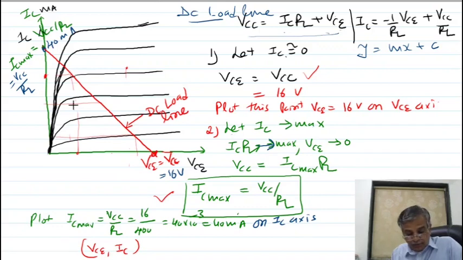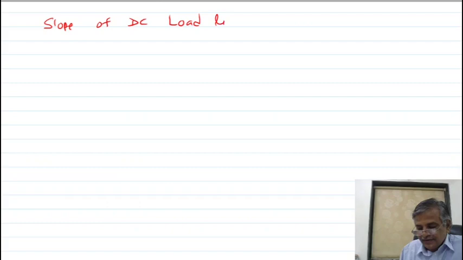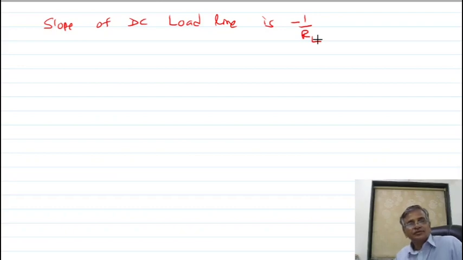And the slope of this line is -1 upon RL. The slope of the DC load line is -1 upon RL. So in a 1 mark question, if somebody asks what is the slope of the DC load line, your slope is -1 upon 400.